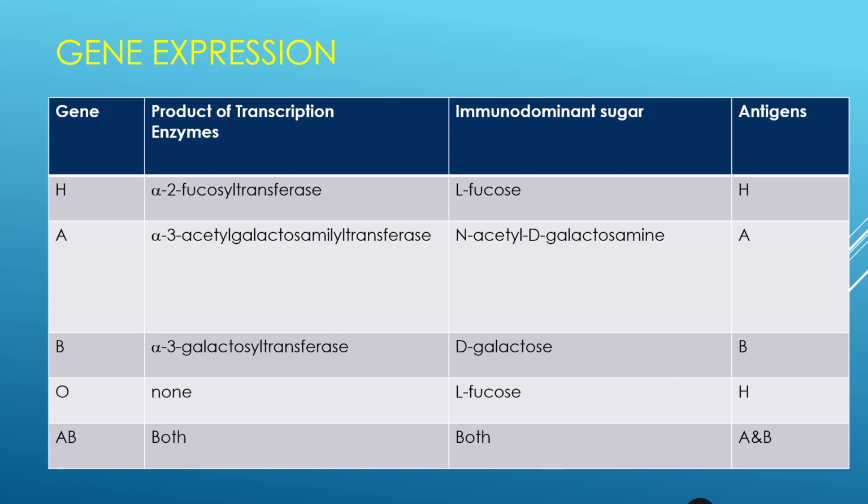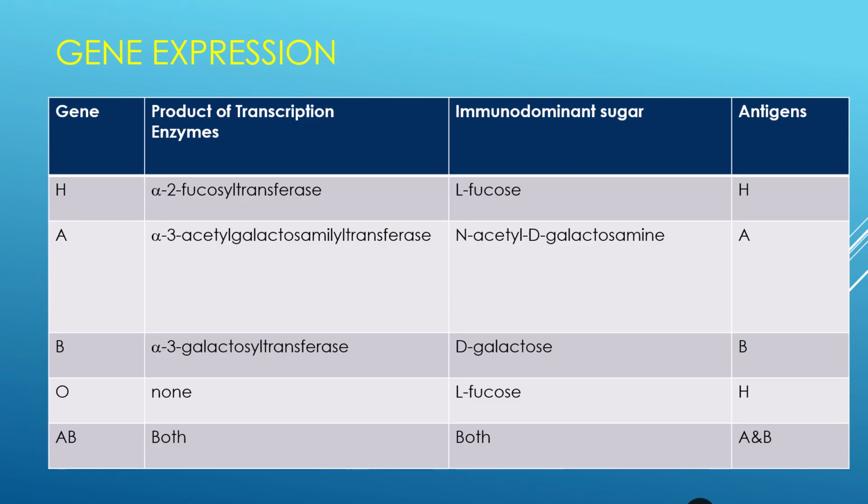This chart shows the gene and gene product, the immunodominant sugar, and the antigens produced by the gene. The gene H produces the enzyme alpha-2 fucosyltransferase. The immunodominant sugar is L-fucose, which is added to the precursor substance to create the H antigen.